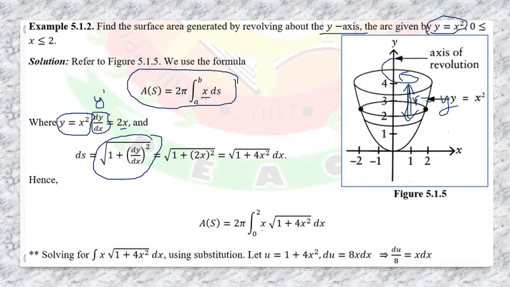So, ibig sabihin si x, always pa rin yung x if it is revolve about the y-axis. And then, ds natin is, eto siya, square root of 1 plus 4x squared dx. Solving for this, using this substitution, we let u is equal to 1 plus 4x squared, and then du over 8 is equal to x dx.